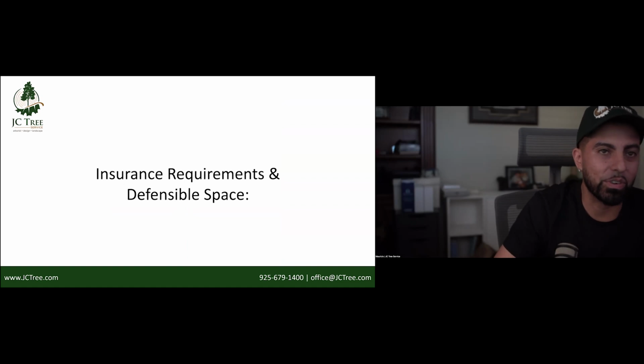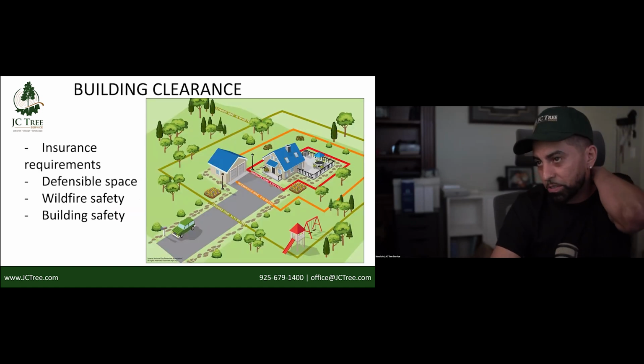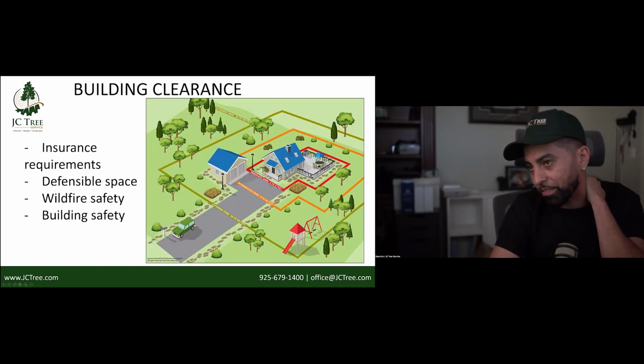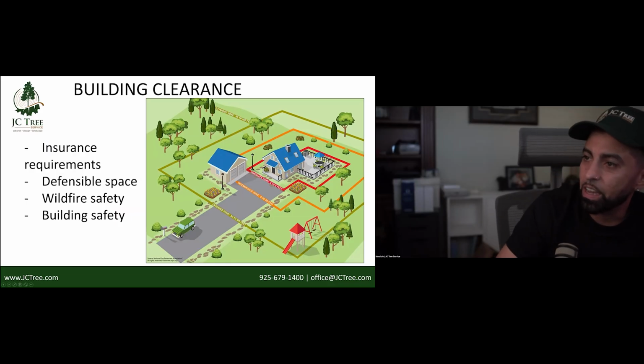Now, insurance requirements. Insurance companies right now are asking that if you have a tree anywhere within 0 to 5 feet of your property, it should not be there. It should be removed, or cut back at least away from the roof. The biggest concern, I think, is wildfire safety, but that's not always why people get non-renewals.